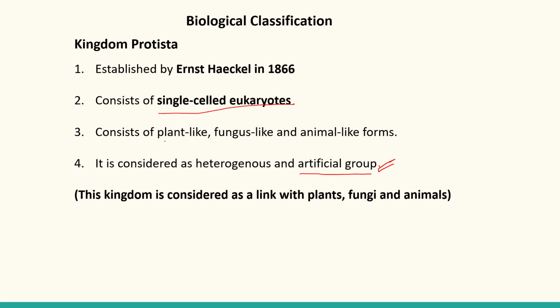Okay, so that is kept in this particular kingdom. Plant-like Euglena is also kept in this particular kingdom. So this is a heterogeneous type of kingdom, and that is why it is also called an artificial group. So this kingdom is considered a link with plants, fungi and animals.